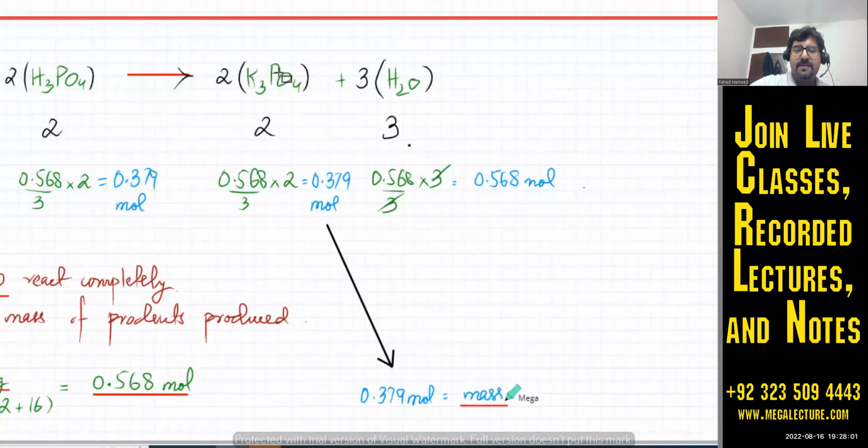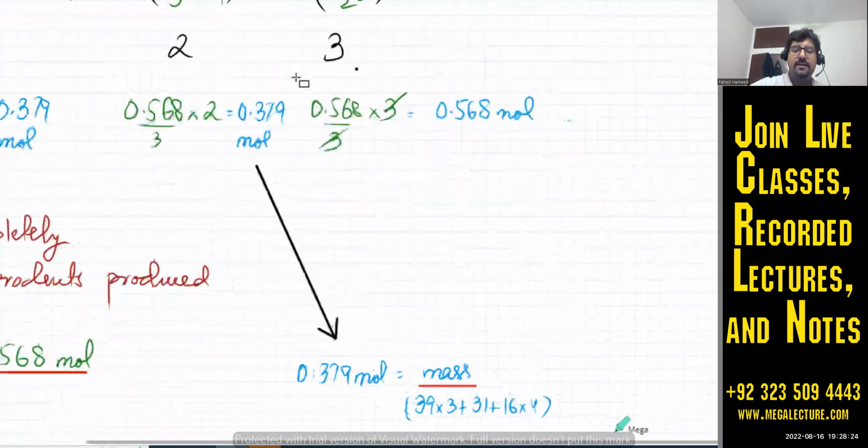The MR of potassium phosphate: 3 potassiums, 1 phosphorus, 4 oxygens. Potassium is 39 in the periodic table, so that's 39 times 3. Phosphorus is 31. And there are four oxygens, so that's 16 times 4.